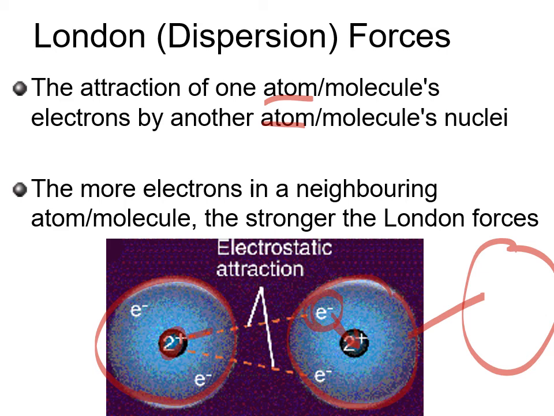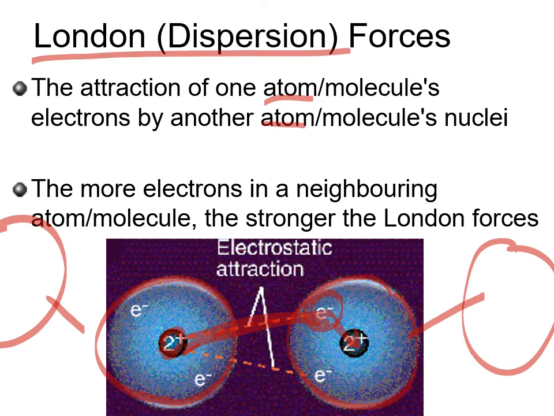So that attraction between those two atoms, which may be part of other molecules, is called London dispersion forces. It's relatively weak because the electrons are attracted to their own nucleus quite strongly, and their attraction to the other atom's nuclei is going to be there, but relatively weak.